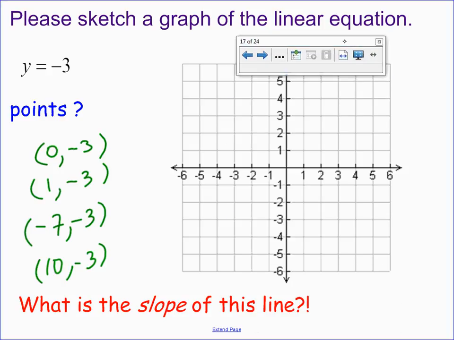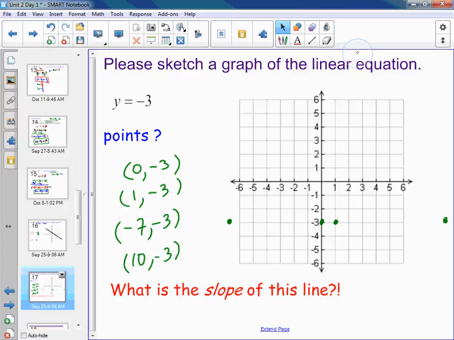If I were to plot these and connect them, this would form what kind of line? A horizontal line, connecting every single point that shared the y-coordinate of negative 3.